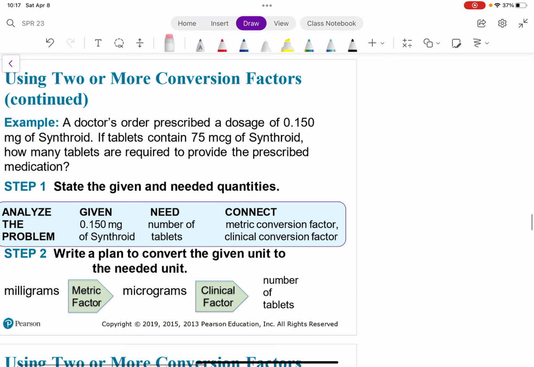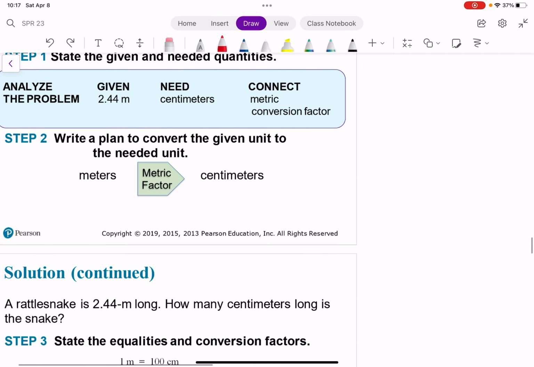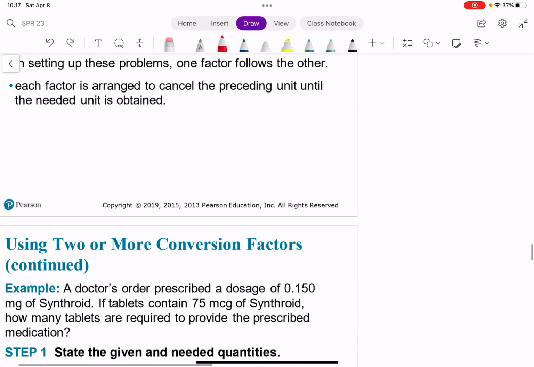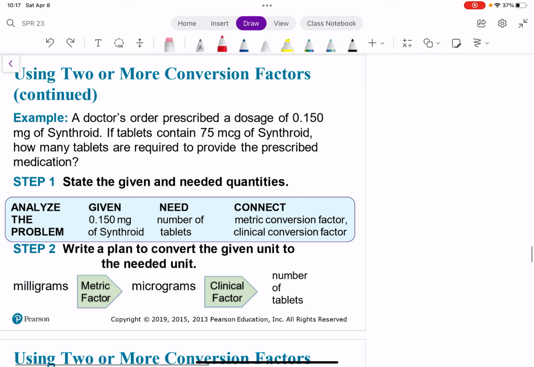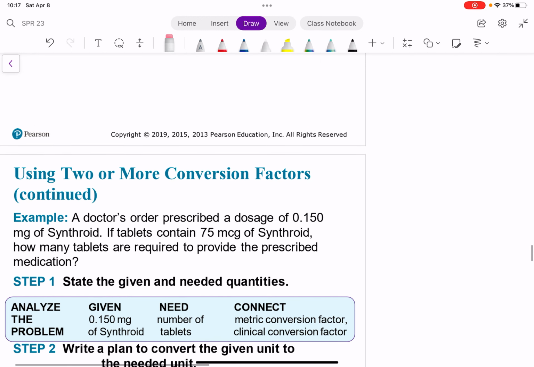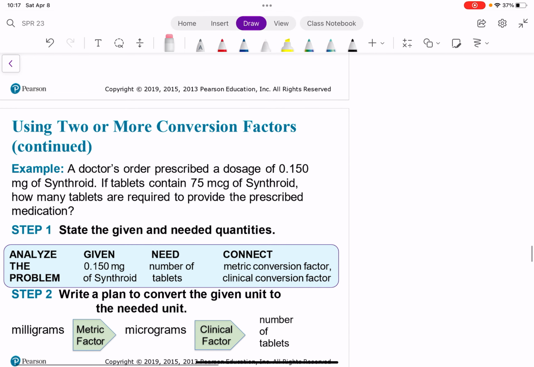All right, so in this example, I just want to look at this part up here, and I want to ignore this bottom part, okay? Because there's a lot going on there for me. So let's just look at this part. A doctor's order prescribed a dosage of 0.150 milligrams of Synthroid.